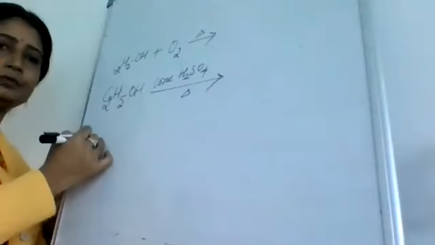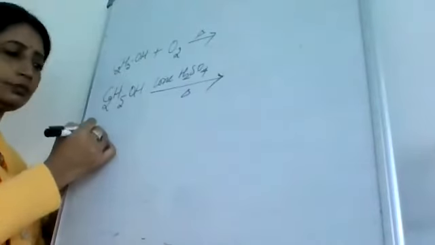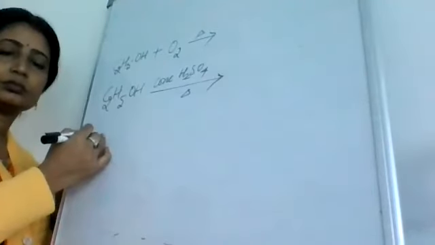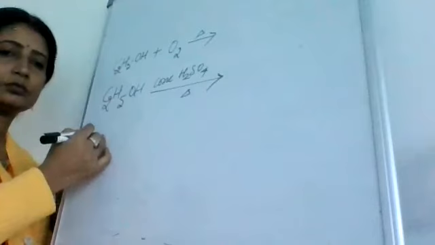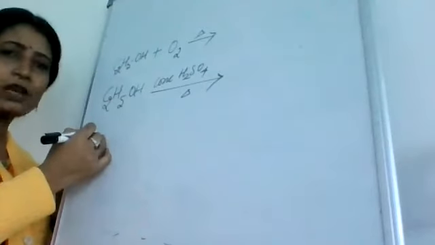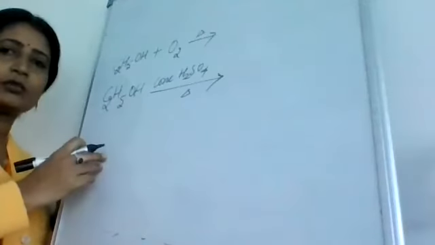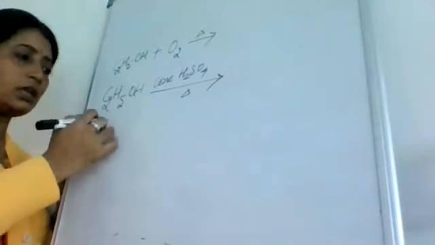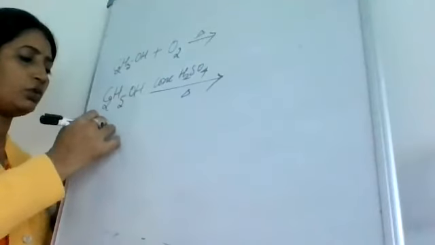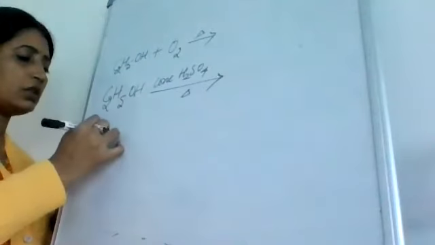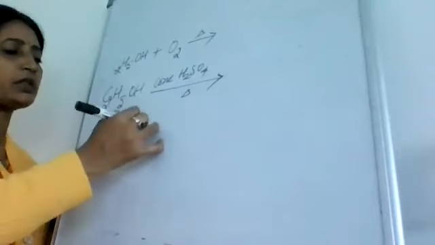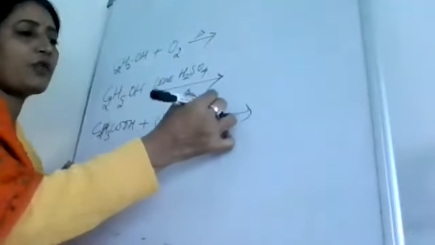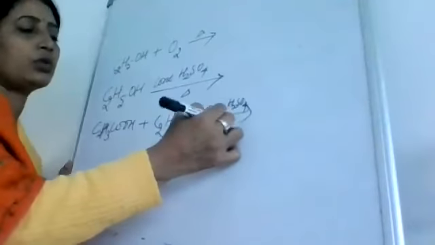Third one, esterification, with which compound? With alcohol. Alcohol itself is here. With alcohol and what? Acetic acid, ethanoic acid. CH3COOH plus C2H5OH, presence of conc H2SO4.